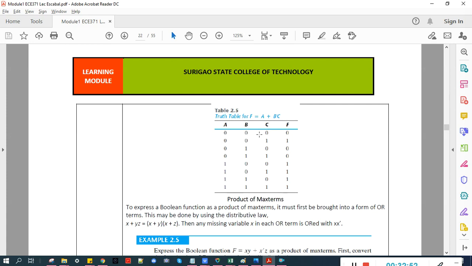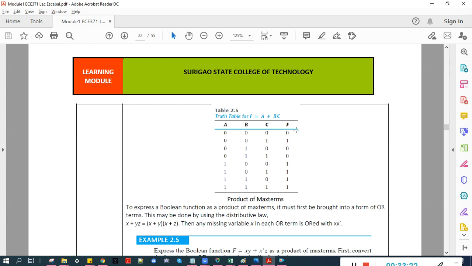If we have the truth table, we know the values of the output. We know that the output is 1 for this combination of input. This is 0, 0, 1, and so as here. And we can easily say that this is minterm 0, minterm 1, 2, 3, 4, 5, 6, 7.